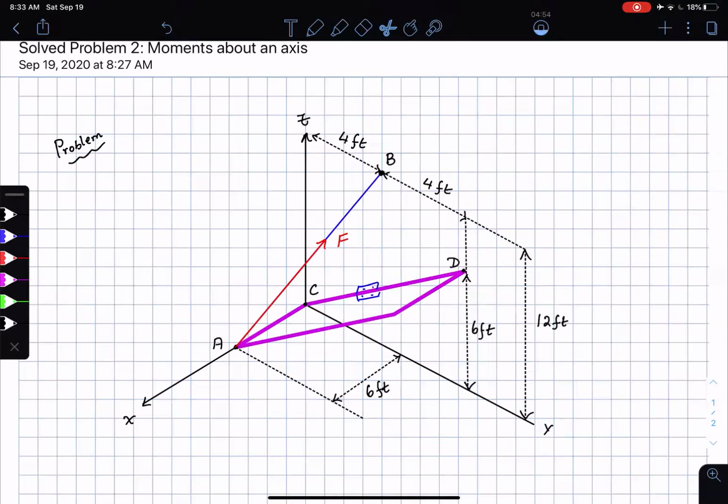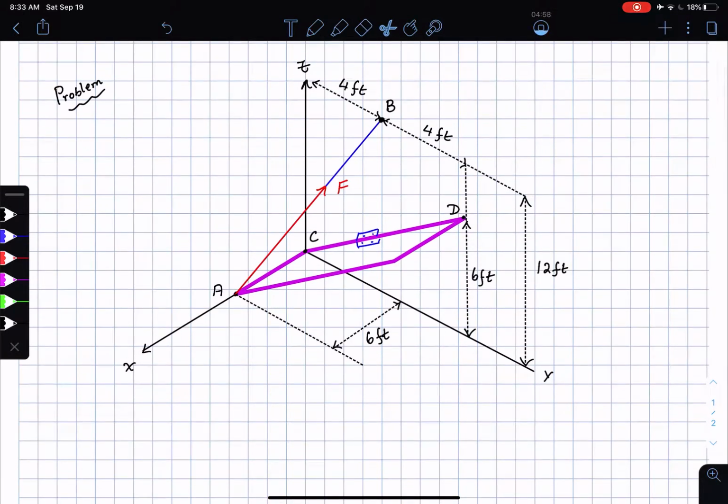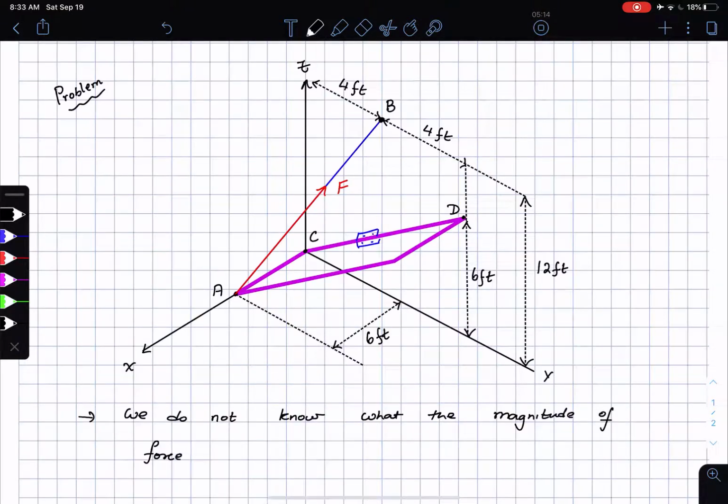Okay, so this is the problem. What am I told in this problem? So in this problem, we do not know what the magnitude of force F is, but you are told a certain information.